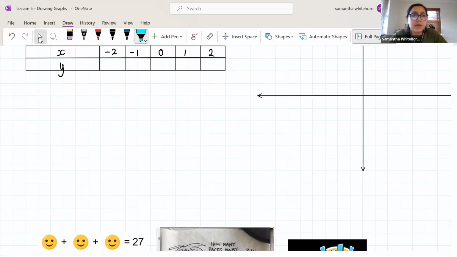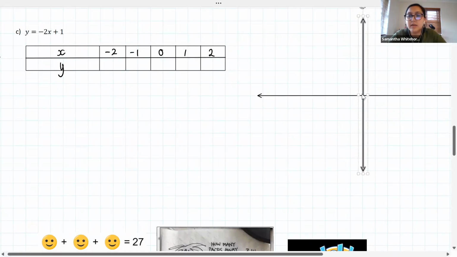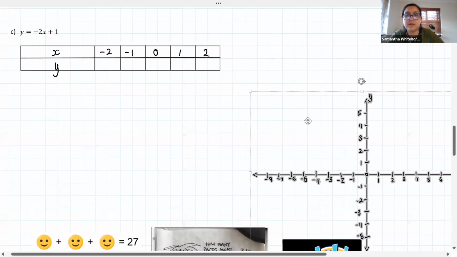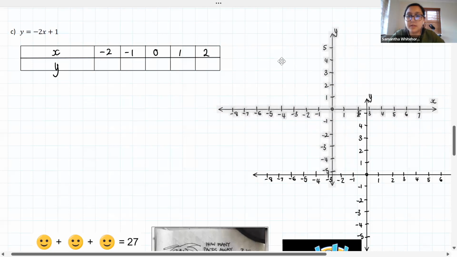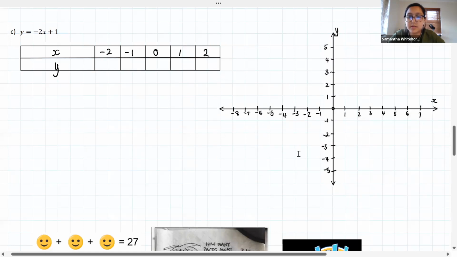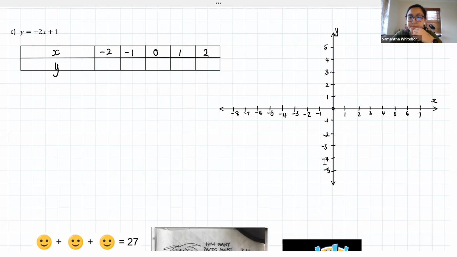Right, we're trying this one by ourselves, please. I want the output values, and I want you guys to draw the graph for me. Fine.